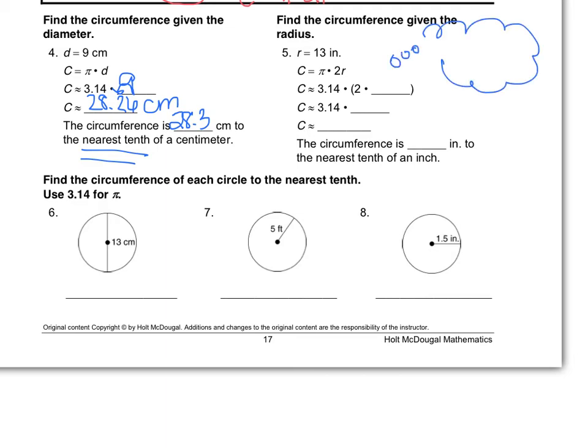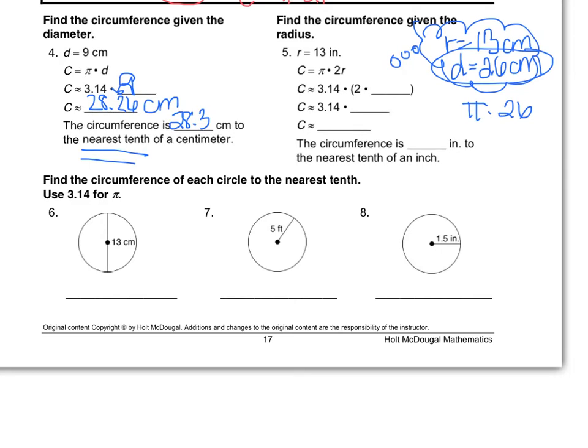If you have the radius, you have to actually do a little bit of math, because we know that if the radius is 13 centimeters, the diameter is twice that. So that means the diameter is 26 centimeters. You can either do that before you plug in the formula, and once you've found the diameter, you can do 3.14 times 26, or you can remember the formula c equals pi times 2 times the radius.